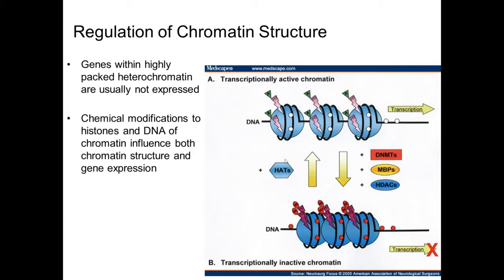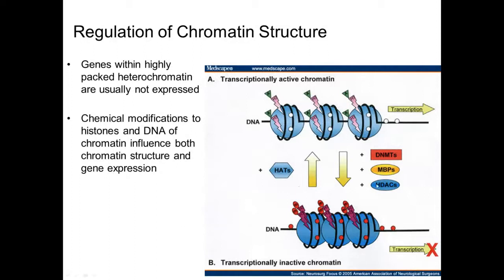All right, and so these are enzymes, right? A HAT is a histone acetyltransferase. So a HAT is going to move the acetyl groups onto the histone tails, whereas a DNMT is a methyltransferase. So they are going to be the ones that add the methyl groups to the histones.